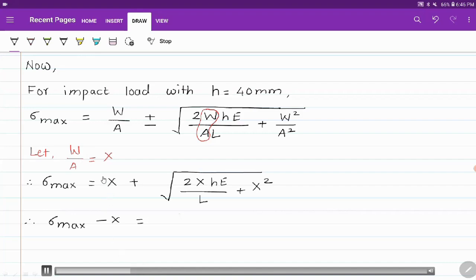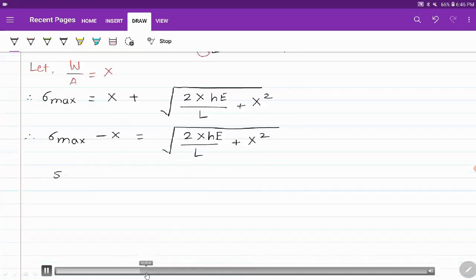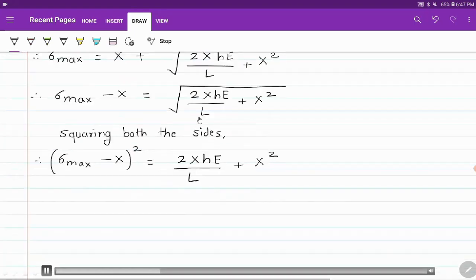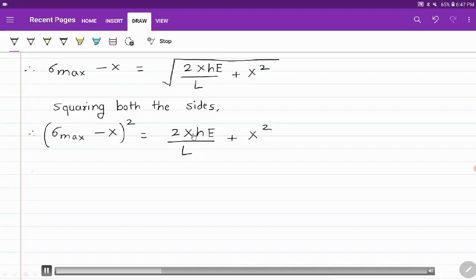Transfer this x on this side, so it will become negative, and the square root will remain on the right hand side as it is. Now squaring both the sides. We have to remove this square root and therefore we are squaring both the sides. So sigma max minus x whole square will be equal to 2xhE by L plus x square.